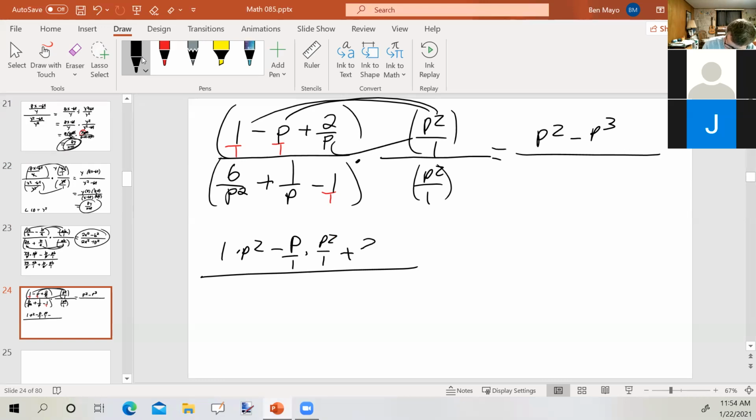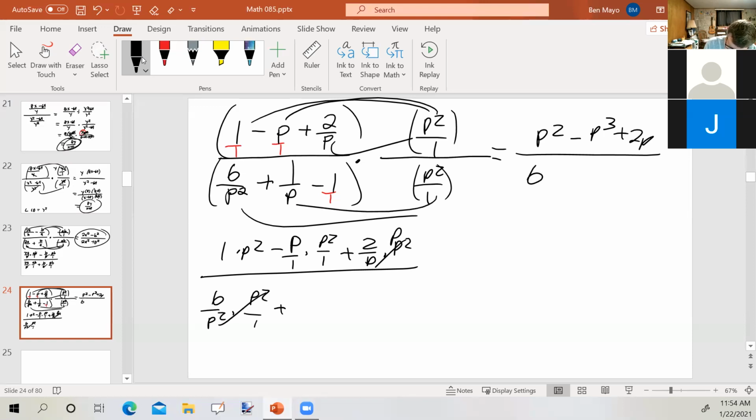And then plus 2 over p times p squared, which would be plus 2p. In the denominator, 6 over p squared times p squared over 1 is 6, plus 1 over p times p squared over 1, which is plus p, minus 1 times p squared, which is minus p squared.